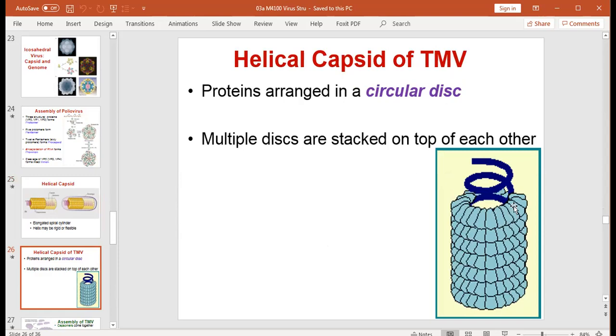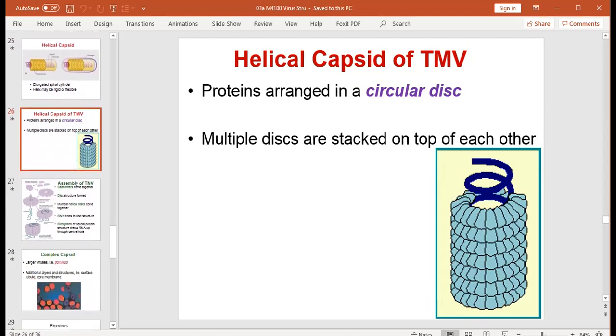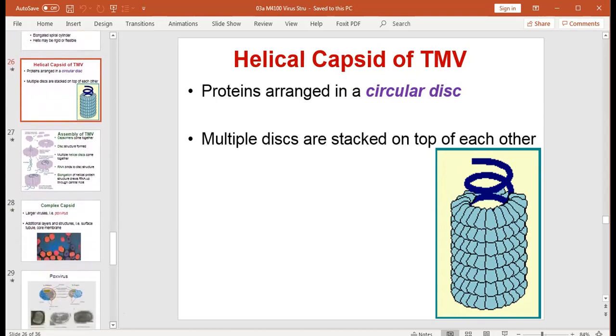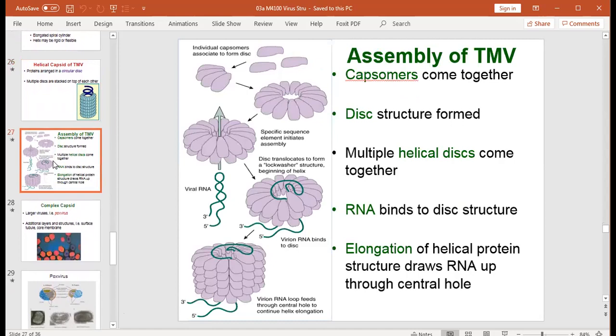The capsomer proteins, these identical subunits of proteins, are arranged in a circular disc. So each is just like a disc, and multiple discs will be stacked on top of each other, and they look like a cylinder shape. So we talked about how a poliovirus capsid is being assembled. Now let's talk about TMV as an example of a helical virus to see how its capsid is being assembled.